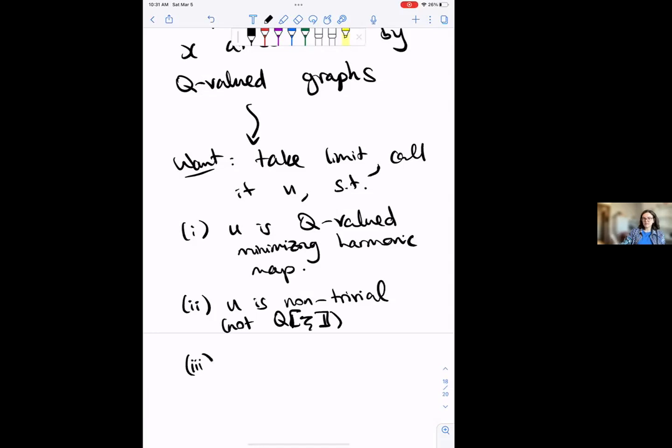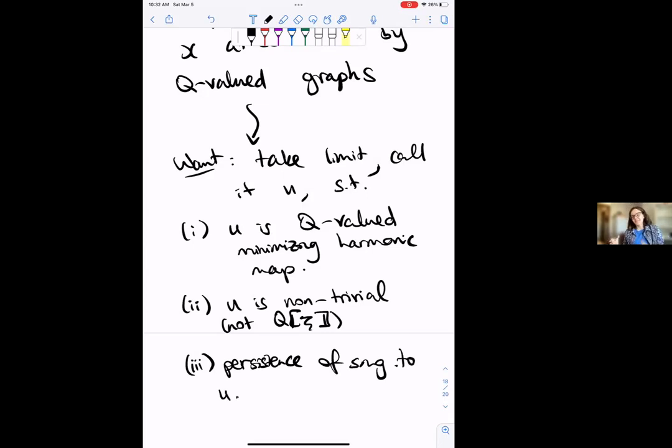And finally, we want persistence of the singularities. Around this density point of T, we see this higher dimensional clustering of the singularities, and we want to pass this clustering through to the limit U. So we've got this minimizing Q-valued harmonic map. It's non-trivial, so it's in the second case of this dichotomy we have for the linearized problem, but it has many, many singularities. This can't happen because we know that we have the dimension estimate there. So that will be our contradiction.